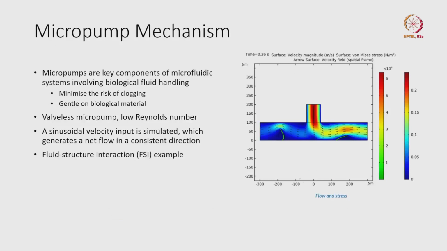You can see over here these are extrusions on the micro pump, and under the exertion of the flow of the fluid they are bending, as you can see over here, and this bending is changing the flow of the blood. Okay, so this requires coupling between fluid dynamics and structural mechanics.